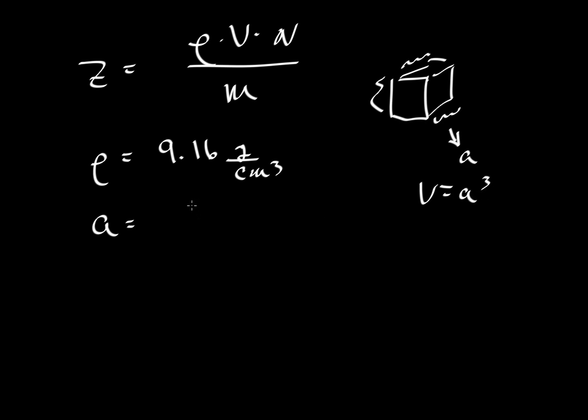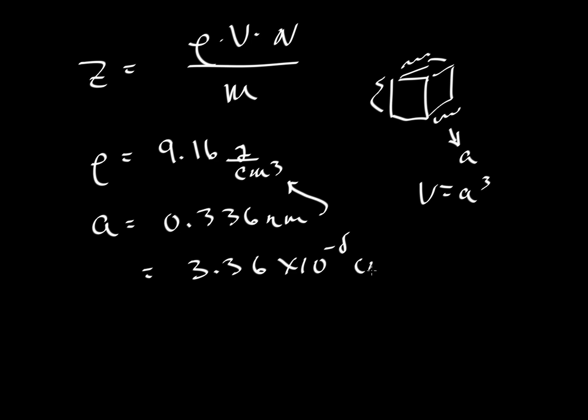So the value for A is about 3.336 nanometers. But notice that we have this in centimeters, so we're going to convert A to centimeters, and it'll be 3.36 times 10 to the minus 8 centimeters. That's just a little bit easier because this is in centimeters, and so we need those units to cancel.